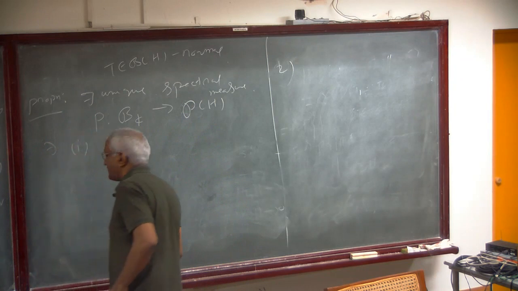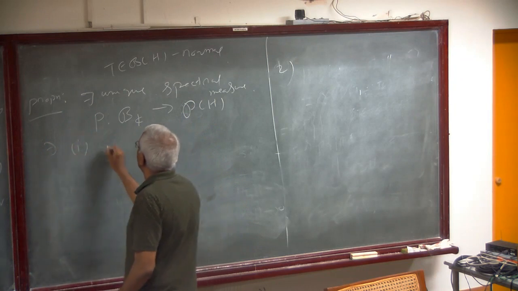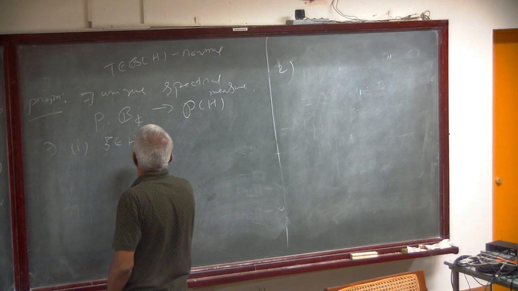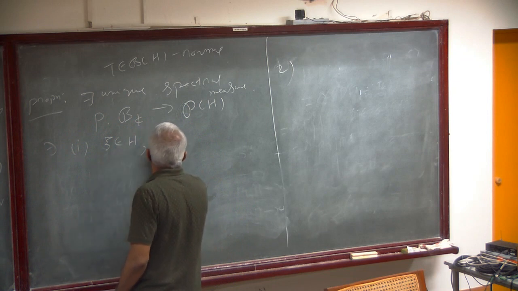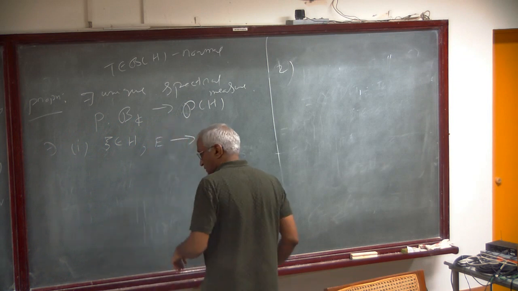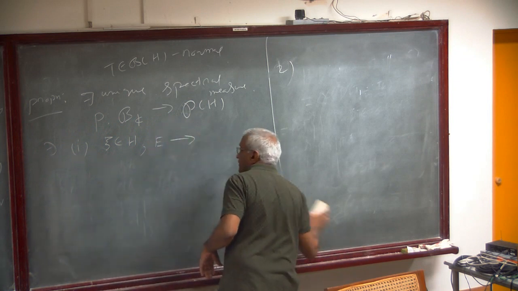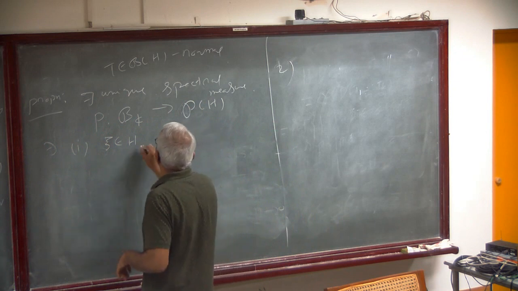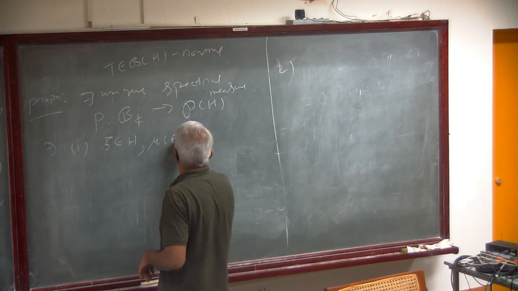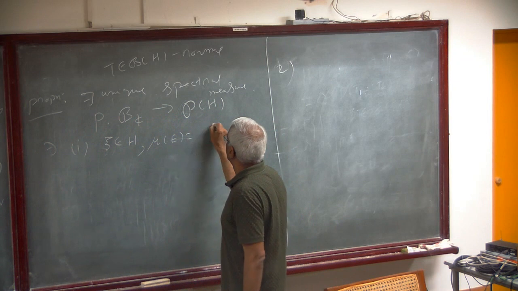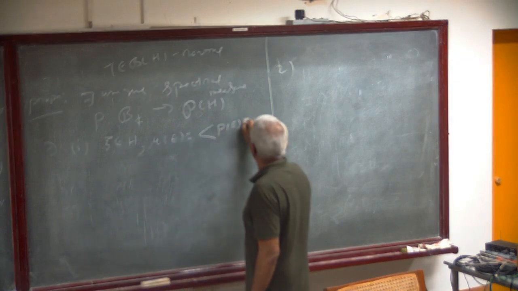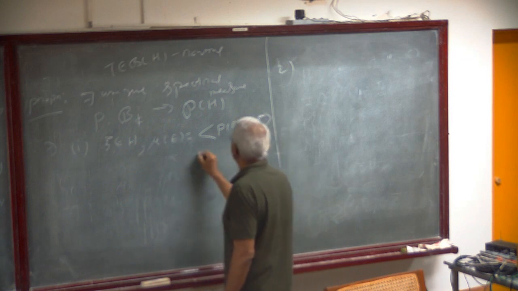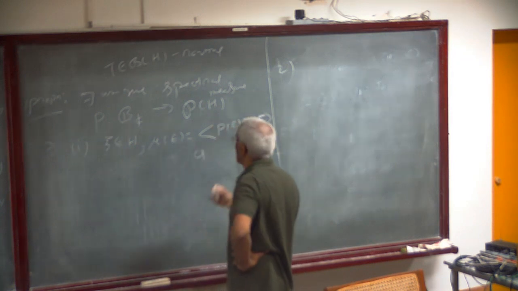These are all immediate consequences. One, for any xi in H, this map E going to mu of E, equal to the inner product of P of E xi, xi, is a positive measure, a probability measure.